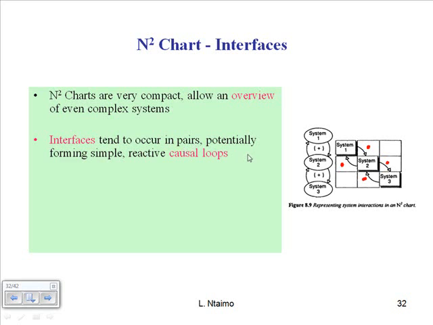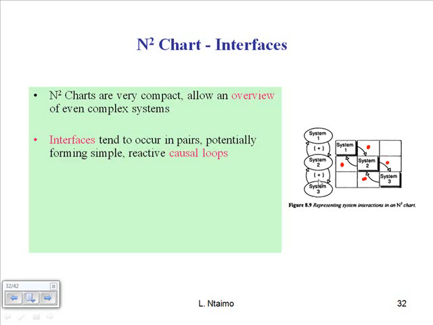Okay? In this example, you can see system 1 gives something to system 2. System 2 gives something back to system 1. System 2 gives something to system 3. System 3 gives back something to system 2. But also, you can actually see that system 3 is also feeding something to system 1. This is happening via system 2.